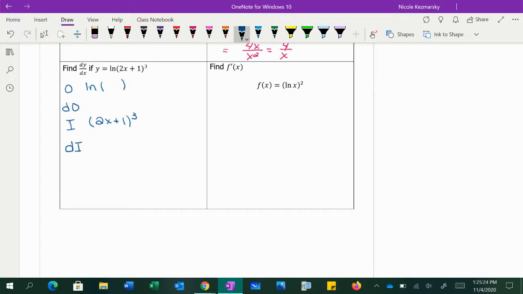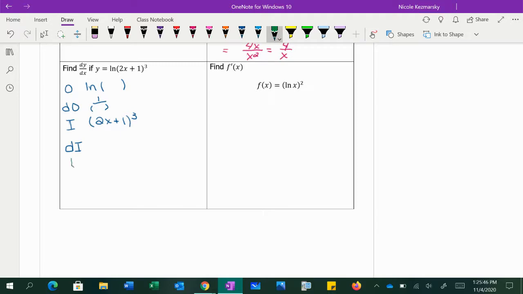When I do the derivative of the outer, I'm just using the rule from the top of the page that says 1 over parentheses. When I do the derivative of the inner, however, I've got something cubed. That something is more than just x, and if it's more than just x, it requires chain rule.